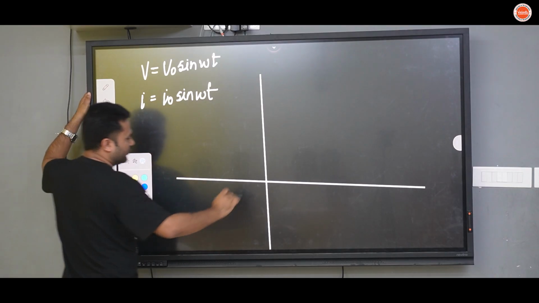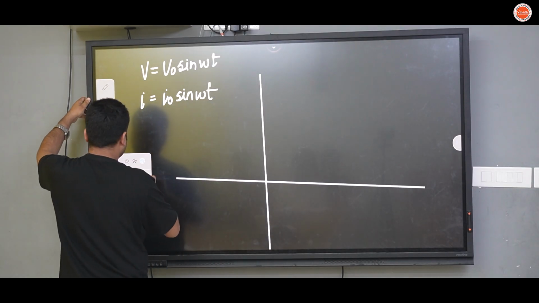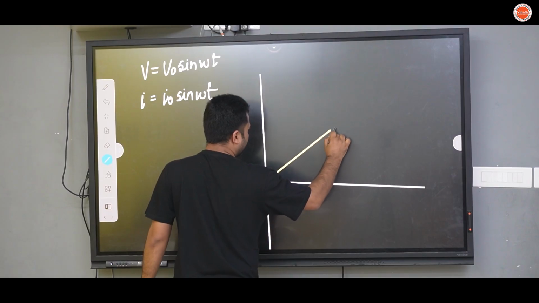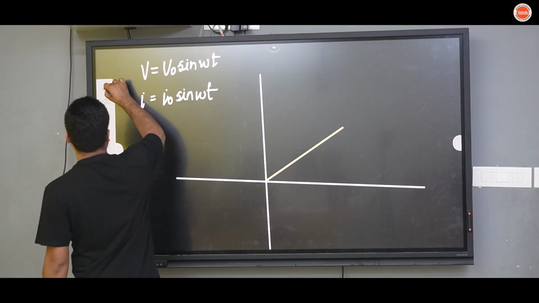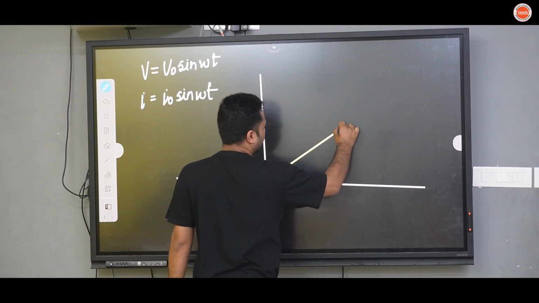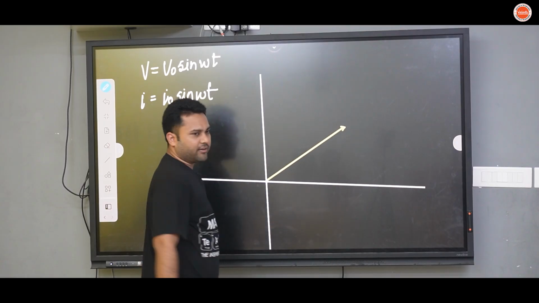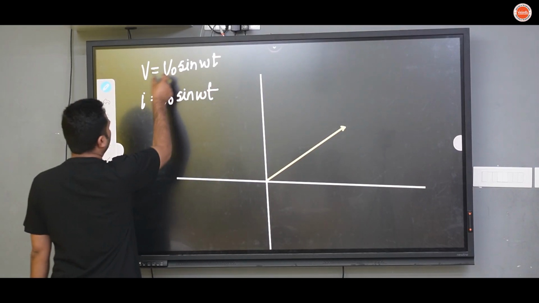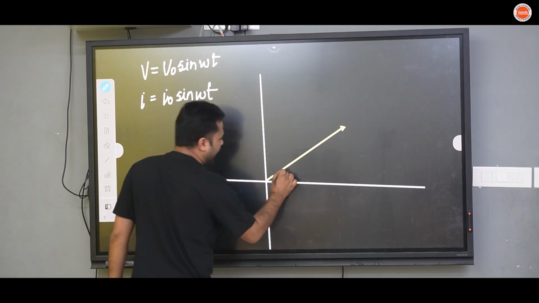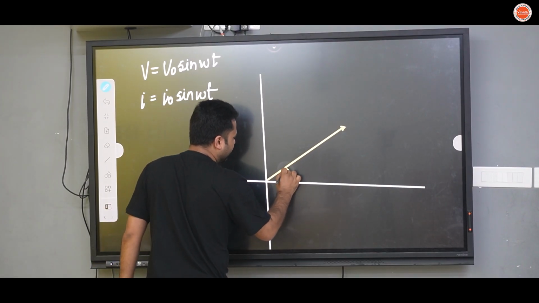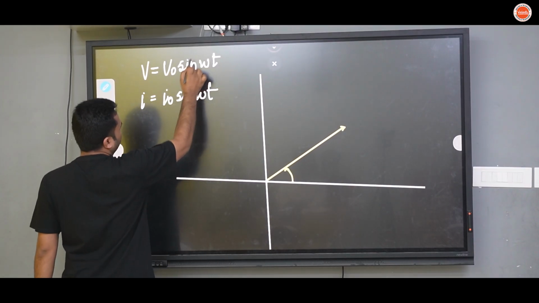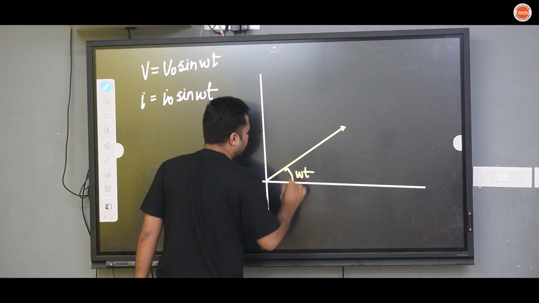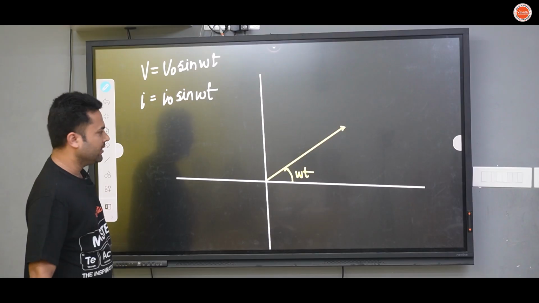So see the vector first, you will be able to understand. This is voltage vector. The length represents V0, and this angle will be theta. Theta means omega t here. This angle will be omega t. Correct? This is the voltage.